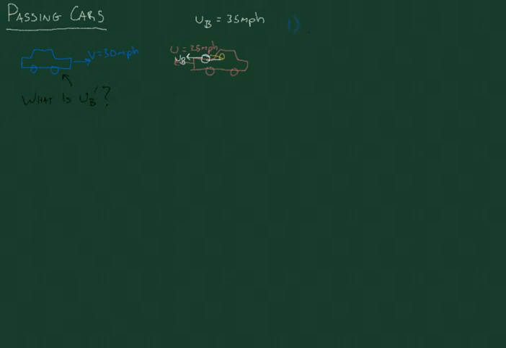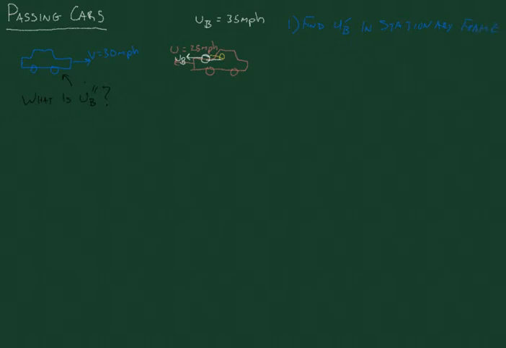The first step is we want to find the speed. So we want to find UB. I'll actually call this UB double prime here. So we want to find the speed of the ball, UB prime, in the stationary frame. In other words, we have two things going on.